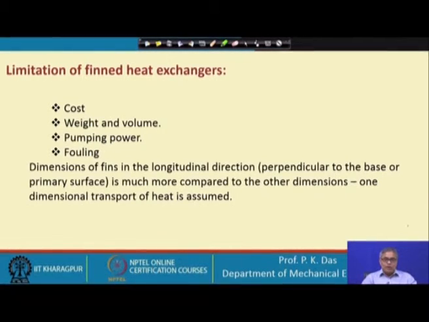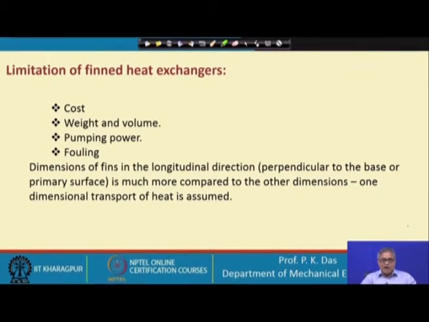Now, weight and volume, obviously an increase is not desirable in any system, but particularly if it is a mobile system. Let us say for an aircraft we are trying to have a heat exchanger with fins, we have to be careful.